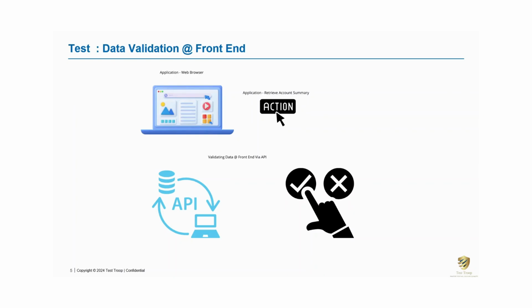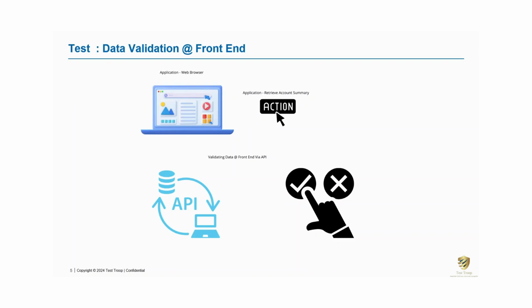Using this information, we can write a set of queries against the database, and if the output of the query matches the API response, then we can say that the API is implemented correctly.